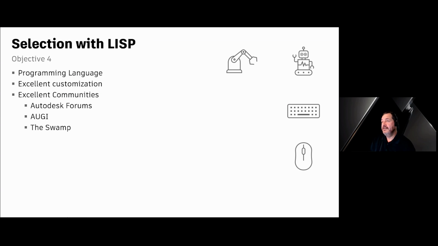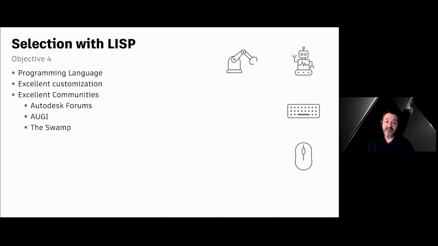Lisp stands for list processing. It's a programming language that's been around as long as AutoCAD, and AutoCAD works with a version of Lisp called AutoLisp. There's some fantastic customization, and there's some extremely powerful Lisps that already exist that are shared amongst the community.